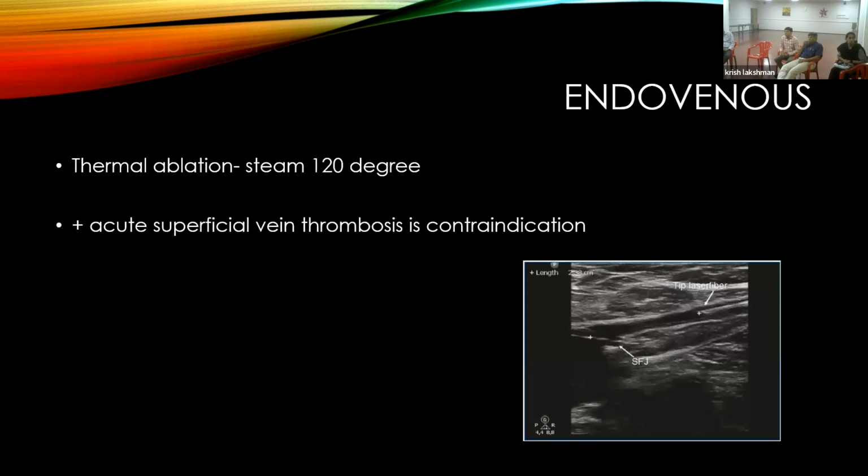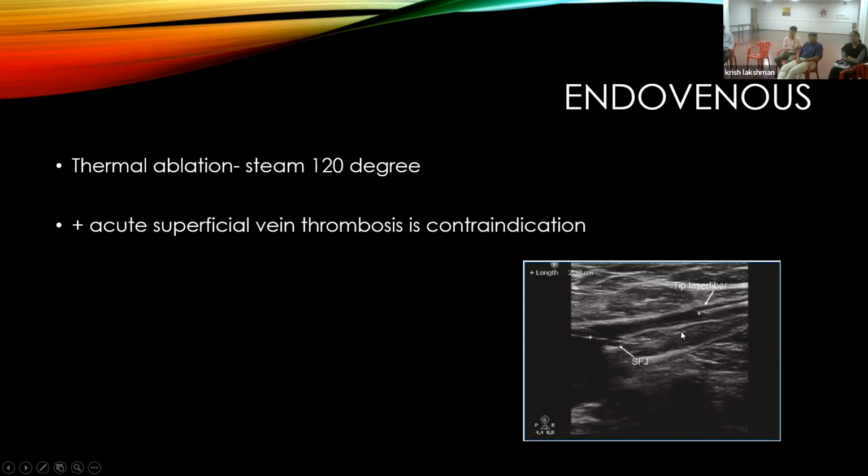Endovenous techniques could be either thermal ablation or chemical ablation. In thermal, it's either steam or laser. As you can see, the tip of the catheter is introduced into the vein through a 16 or 18 gauge needle.